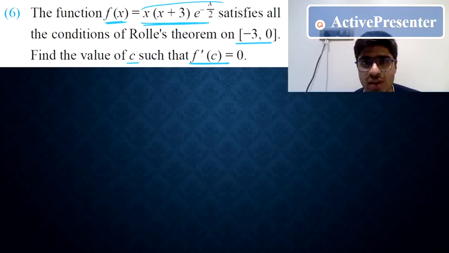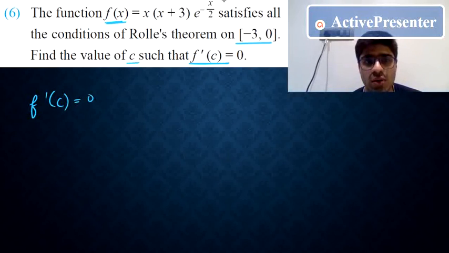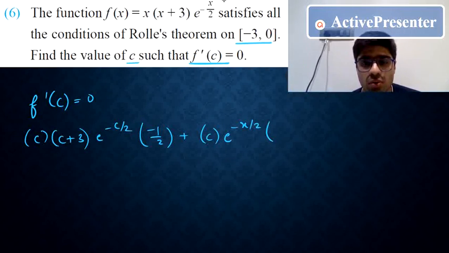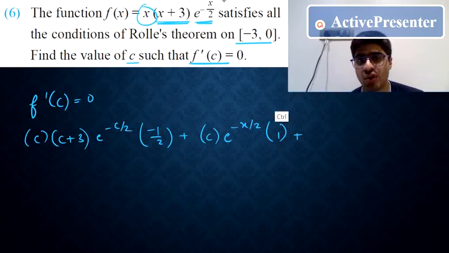So this is a function of the type u into v into w. The derivative will be f dash of c equal to 0, right? So the derivative f dash of c, that will be u v derivative of w, so that will be c plus 3 and e power minus c by 2 into minus 1 by 2, plus it's going to be u w and derivative of v, that is c e power minus x by 2 into 1, plus you have this and derivative of this, so that is e power minus x by 2.